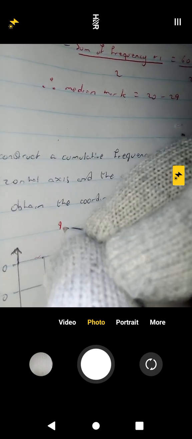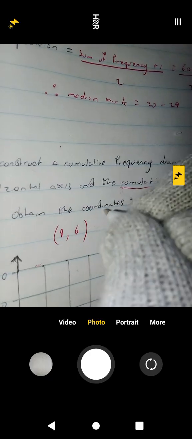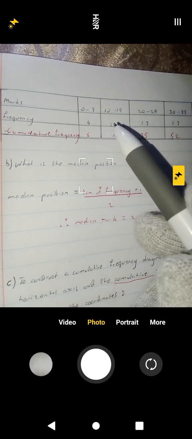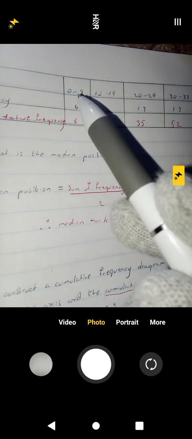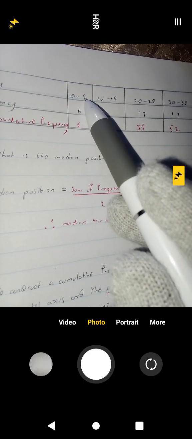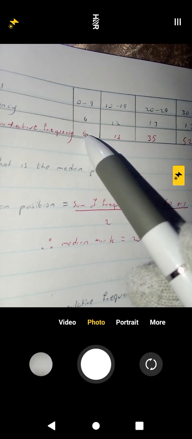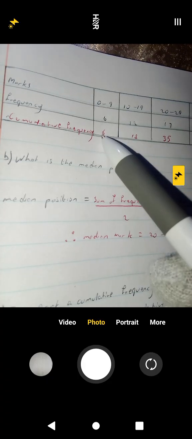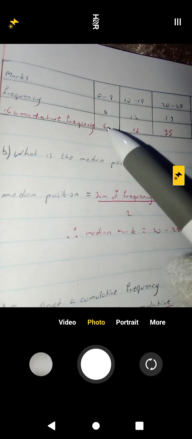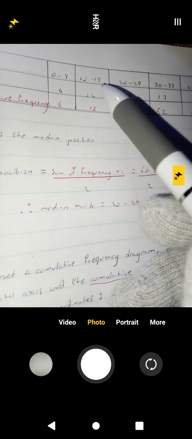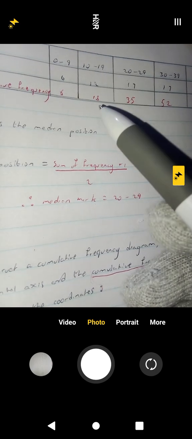Just take the last digit on the column with your digits of cumulative frequency. So it's 9,6, and then 19,18.